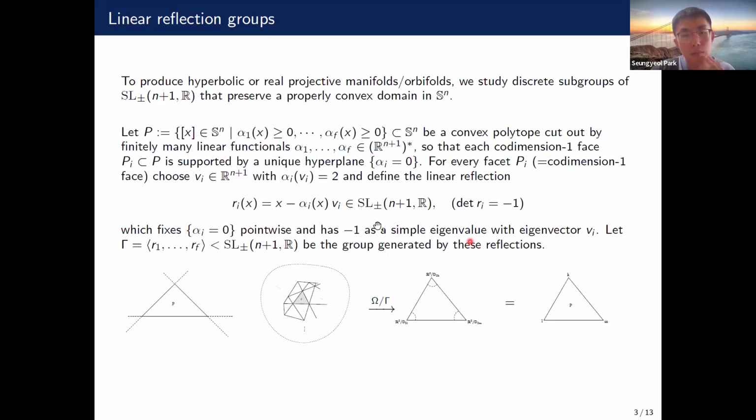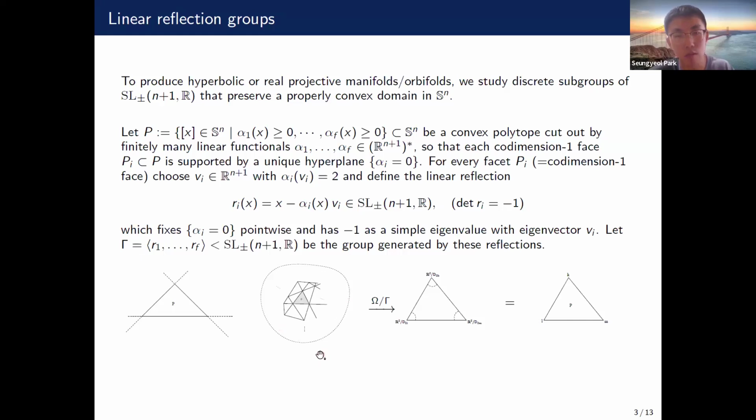So we think of such linear reflections and consider the subgroup generated by those reflections and call it gamma. As in this picture, the best case scenario is that whenever we consider the images of this polytope under the action of this gamma, those images may or may not overlap with each other.